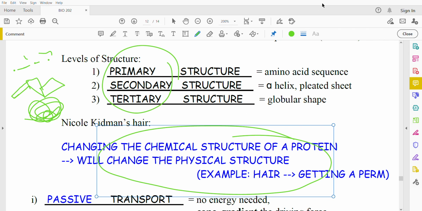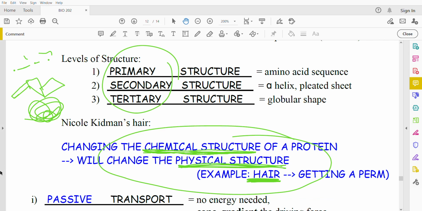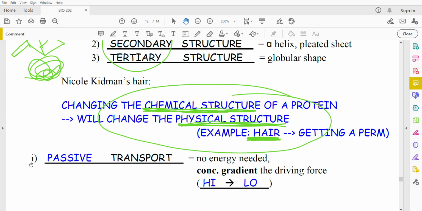And again, there I would require you to tell not just that hair is protein, but discuss this concept that if we change the chemical structure of a protein, as she did with doing the perm, that chemistry changes the chemical structure of the protein, that will also change the physical structure, the physical appearance of that molecule. So that was very visible on the outcome of that chemical reaction on her.